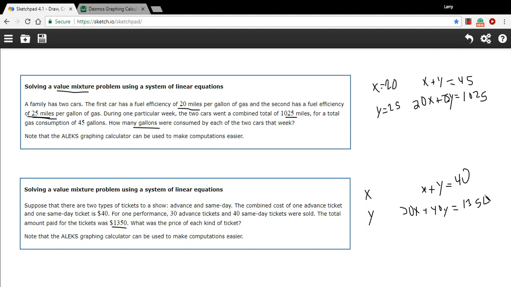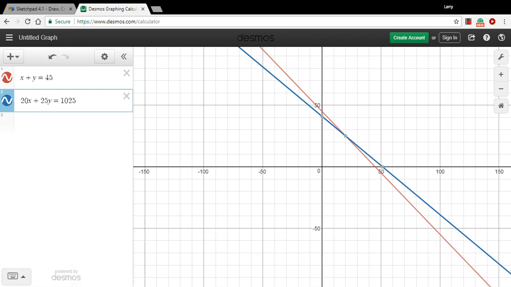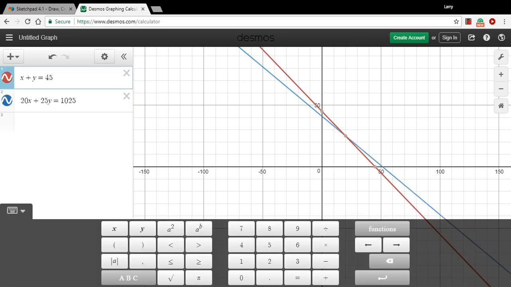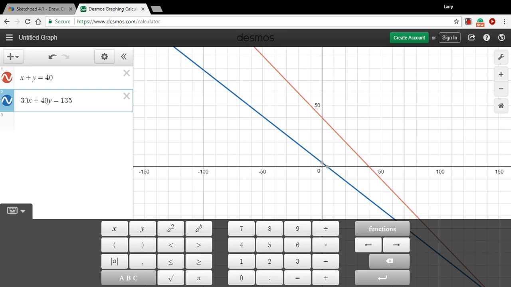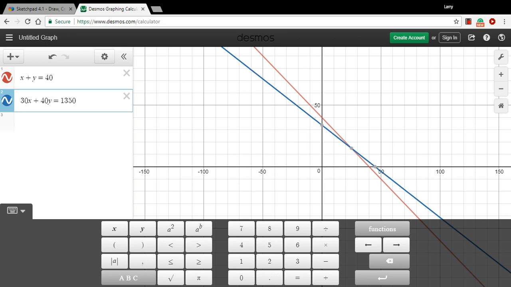All right, let's see if we can graph that one as well. So this one is x plus y equals 40, and 30x plus 40y equals 1350. All right, so I think I've got those typed in correctly, so let's look at where they intersect.